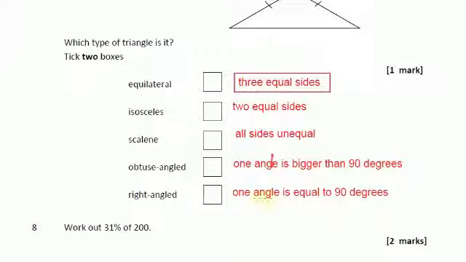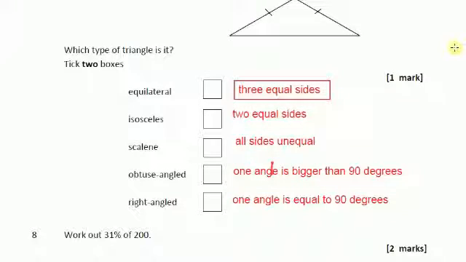So we've got to decide which of these are true for this case. 3 equal sides, no, I've only got 2 there, so that's not the case. 2 equal sides, yes, definitely. Scalene, all sides unequal, no, because we've got 2 sides equal, we're told. Obtuse angled, one angle is bigger than 90.